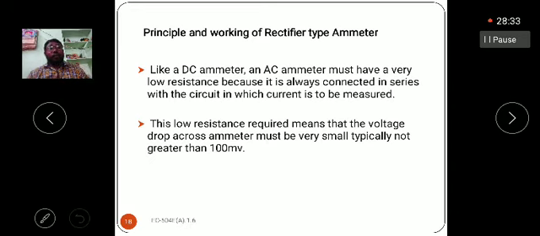Now the principle of working of the rectifier type ammeter. Like a DC ammeter, the AC ammeter must have very low resistance because it is always connected in series with the circuit in which the current is to be measured.